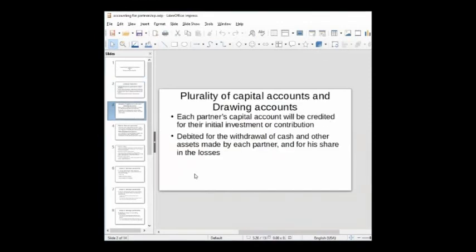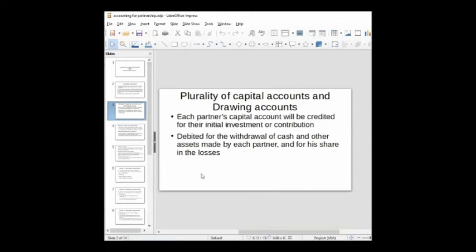Now, plurality of capital accounts and drawing accounts. Each partner's capital account will be credited for their initial investment or contribution. For example, we have partners A, B, C, and each one of them contributed cash, 100,000 each.